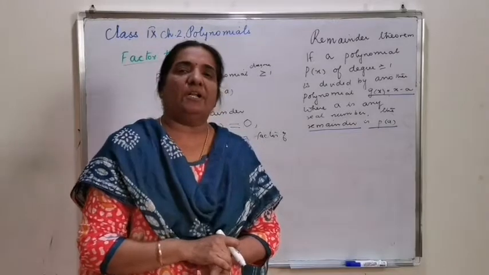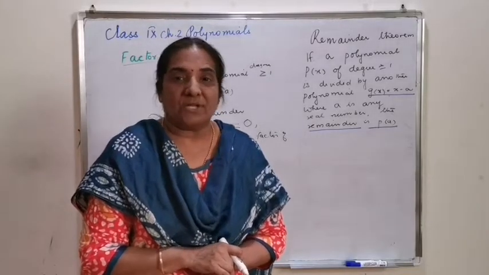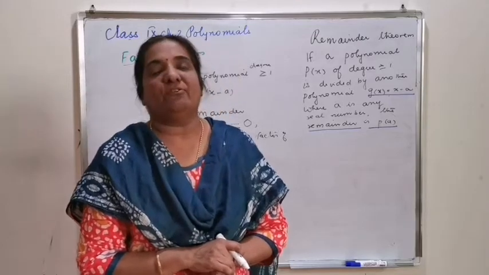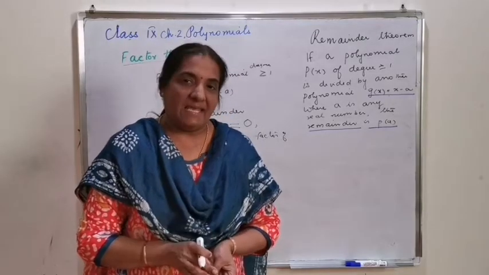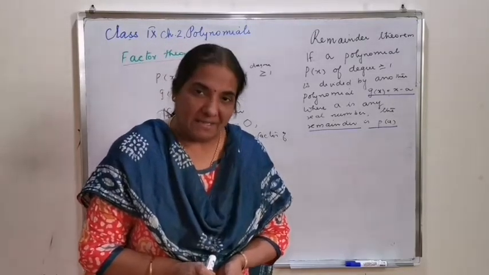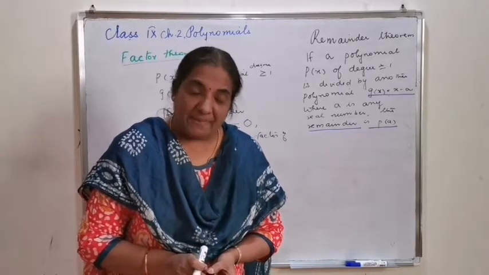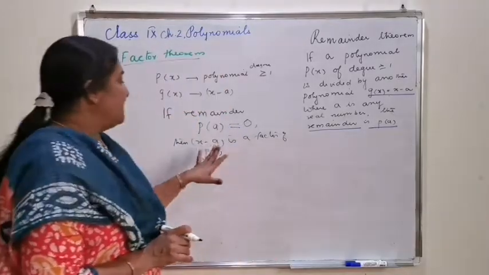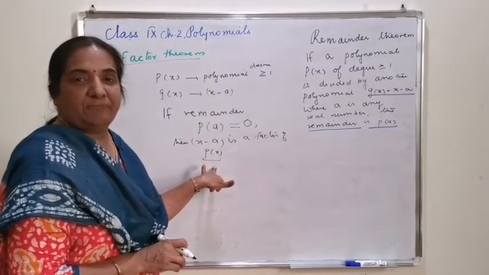When any polynomial p of x of degree greater than or equal to 1 is divided by a linear polynomial of the form x minus a, where a is a real number, and if the remainder p of a is 0, then x minus a is a factor of p of x.